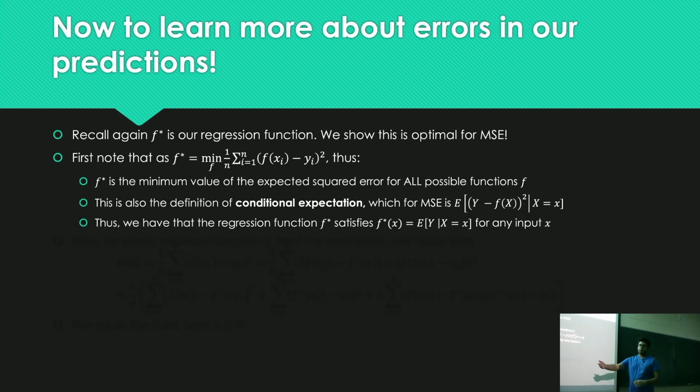With conditional expectation and the MSE loss function, what we seek is the expectation of the difference between our true target values and our model's predictions for general capital Y and capital X, given that capital X, our data set point, is some fixed x value. Aren't these essentially the same thing?